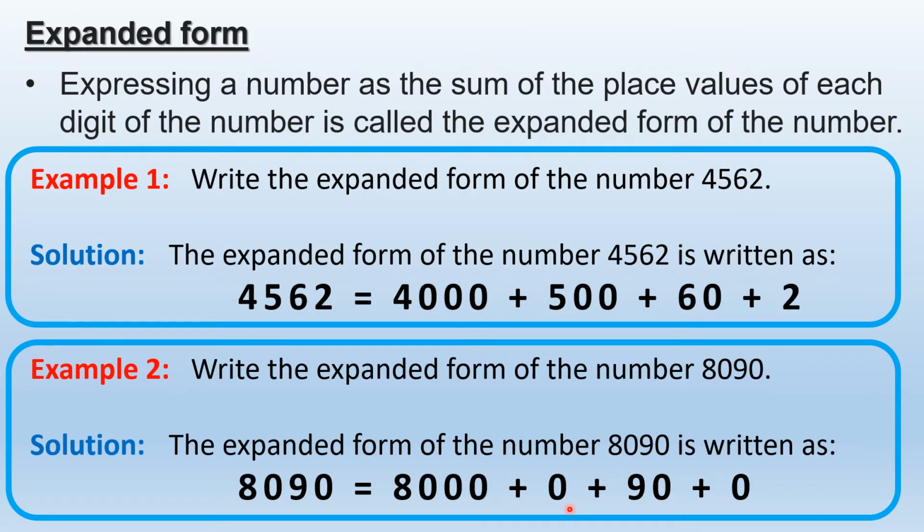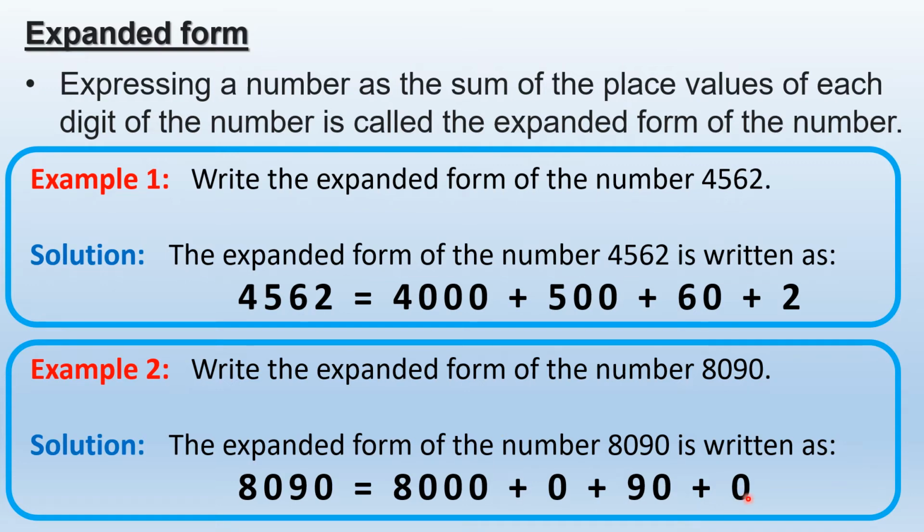0 hundreds is 0. Plus 9. 9 is in 10's place. 9 tens is equal to 90. So we will write 90 here as third term in the expanded form. And 0 here is in 1's place. 0 ones is 0.